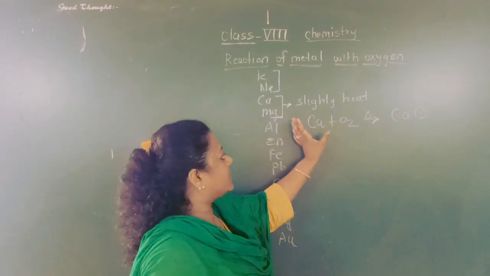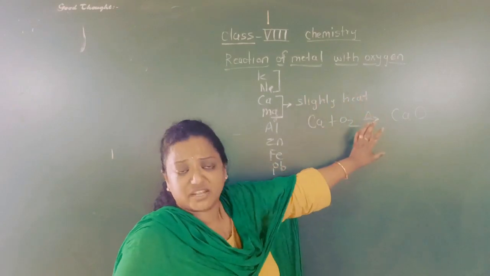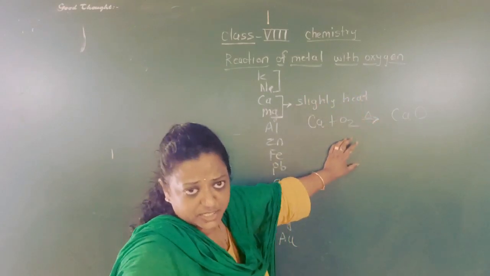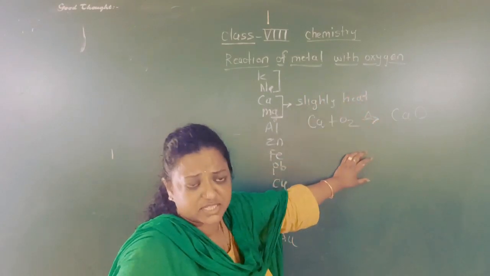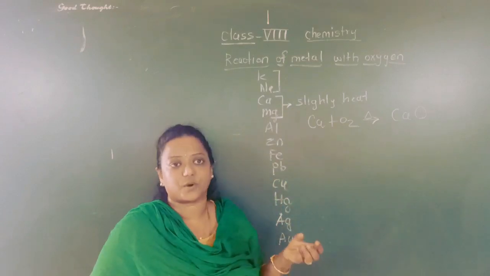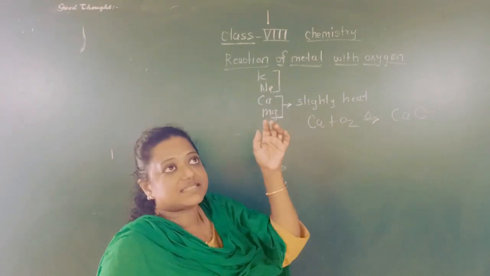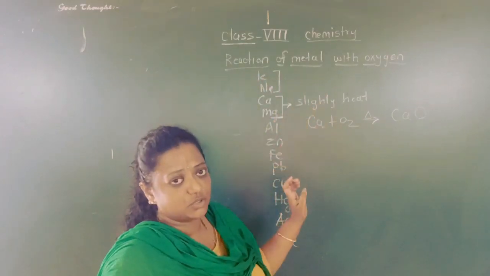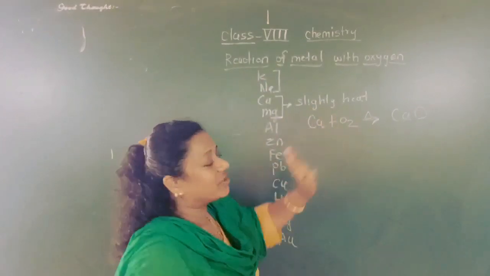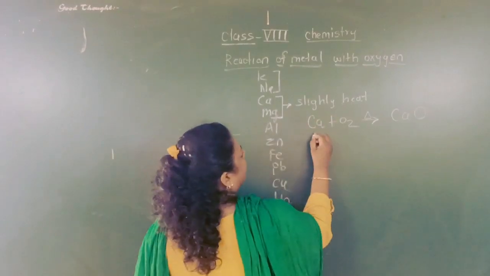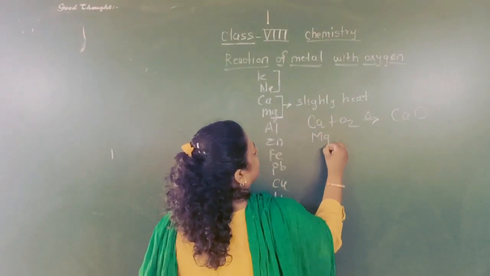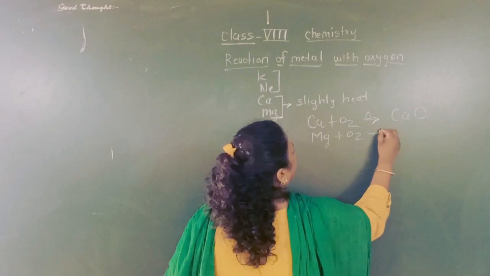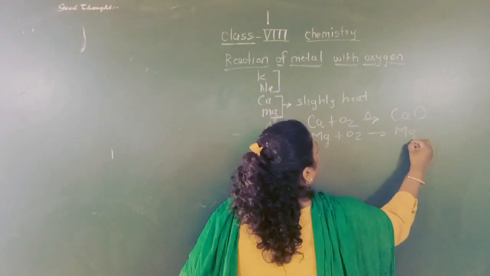So what will happen when we burn calcium in the presence of oxygen, when we heat it in the presence of oxygen? Slight heat we have to provide, because they are exactly after these 2 reactive metals. So slight heat is needed to burn them, and we will get calcium oxide. Same for magnesium. Mg plus O2 gives MgO.